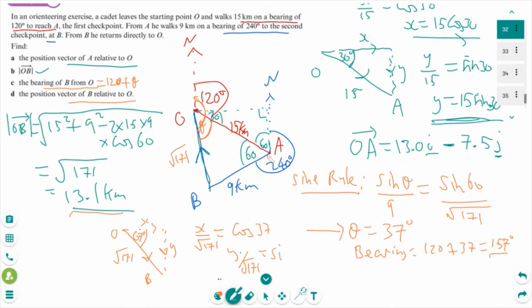If you work that out, that will give you how far to the right and how far down. Once you work out those numbers, you can write down the final answer for the vector b.